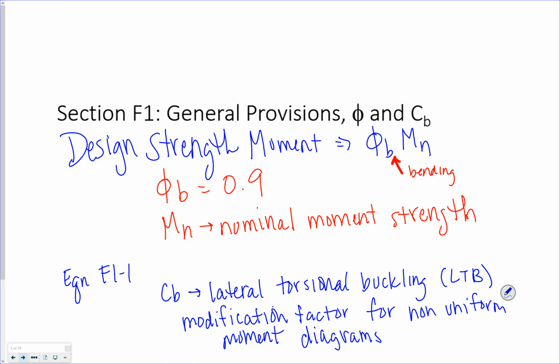I know we're all excited to do moment diagrams back when we were in structural analysis. And now you know why you had to learn them before you came to this class. If we went back in our notes, we briefly mentioned that we were assuming a CB of 1 for some of our theory. And now I'm going to talk about why we have to modify our non-uniform moments.